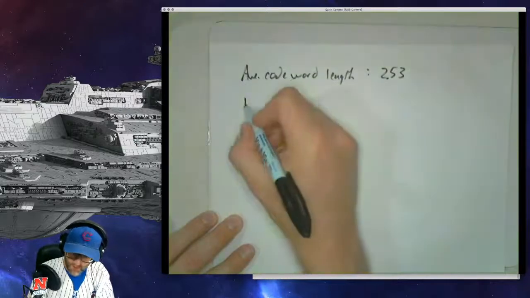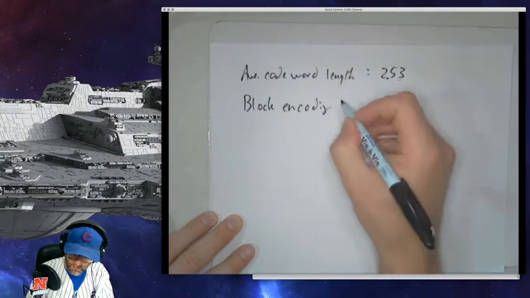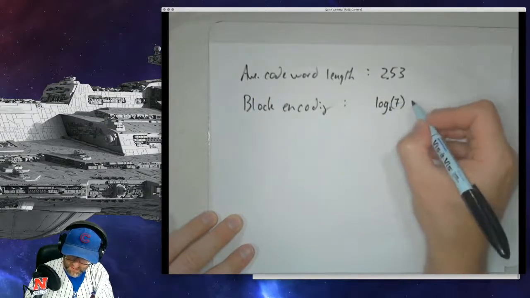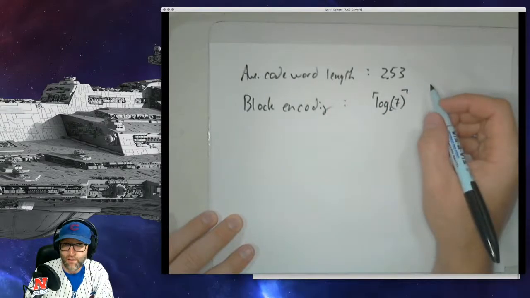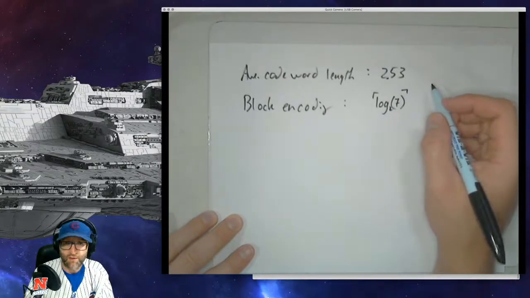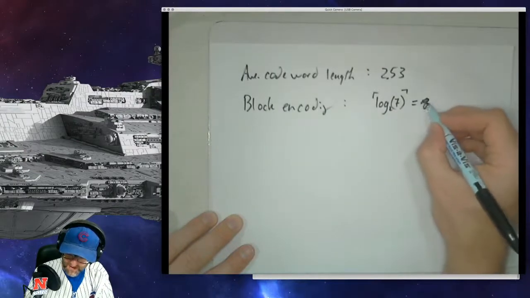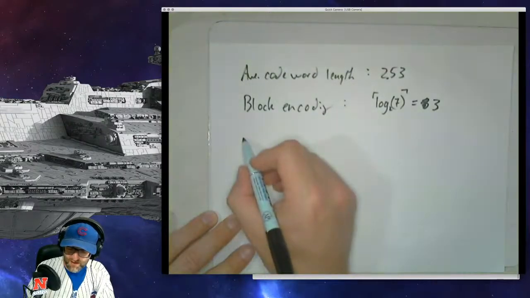So if we had a block encoding, then we would have needed log base 2 of 7. And we'll have to take the ceiling on that because you can't have a code word that is 3.5 bits long. So this is going to end up being 3.